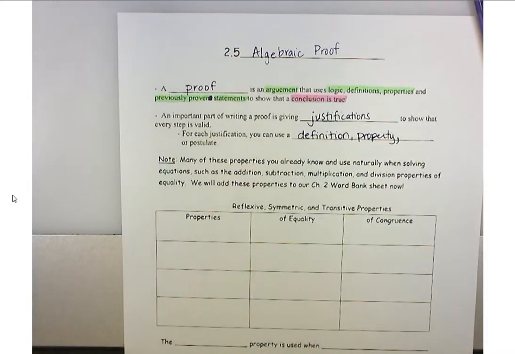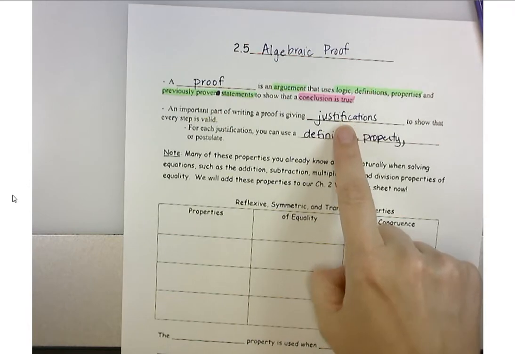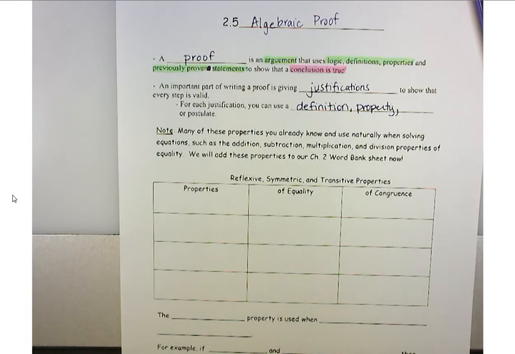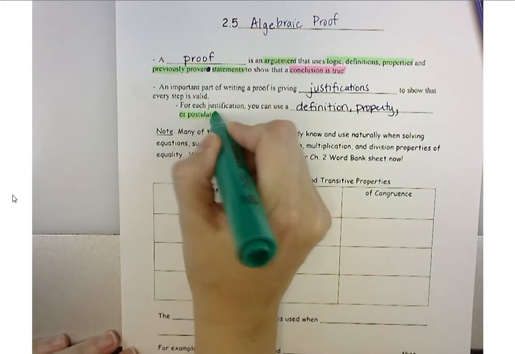An important part of writing a proof is giving the justifications to show that every step is valid. Those justifications are very important. For each justification, you can use a definition, a property, or even a postulate.